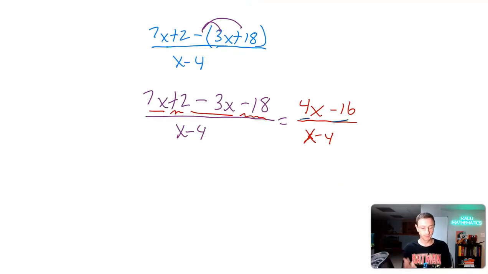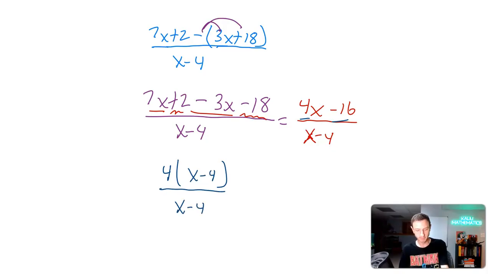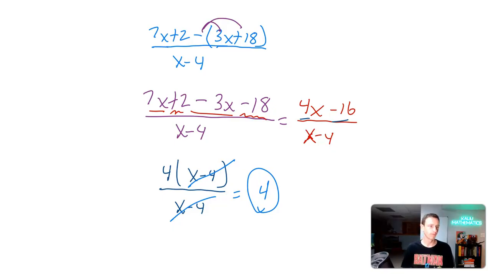We could factor out a 4, and then I think something's going to happen. So 4 times x minus 4 over x minus 4. Look at this. Boom, bam. The x minus 4's cancel, leaving us with just 4.